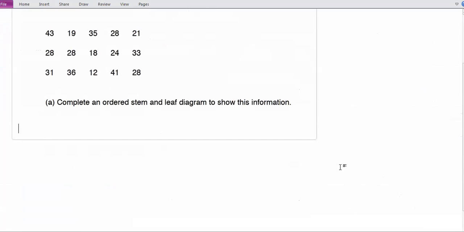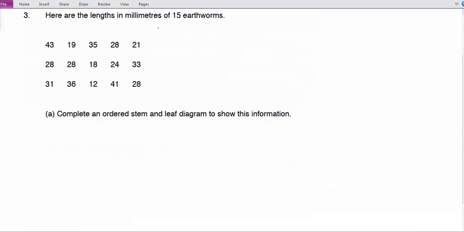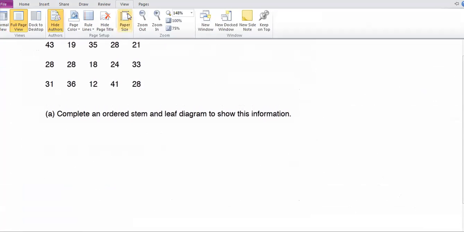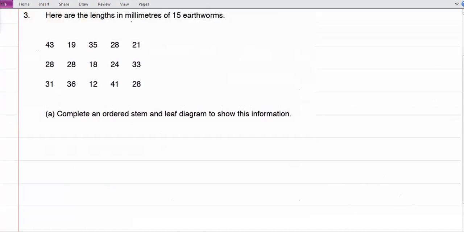We are asked that here are the lengths of 15 earthworms, and these lengths are in millimeters. Complete an ordered stem and leaf diagram to show this information.